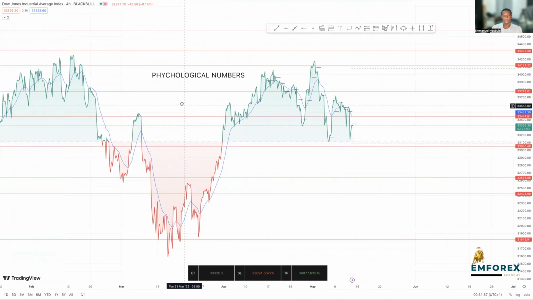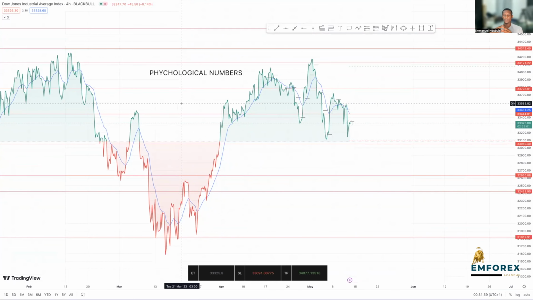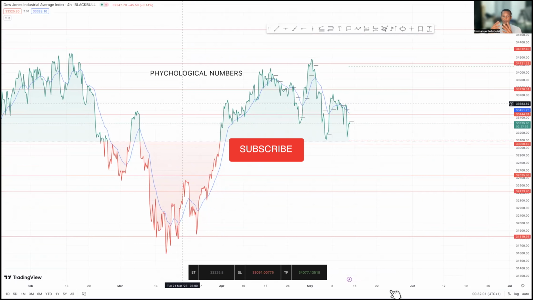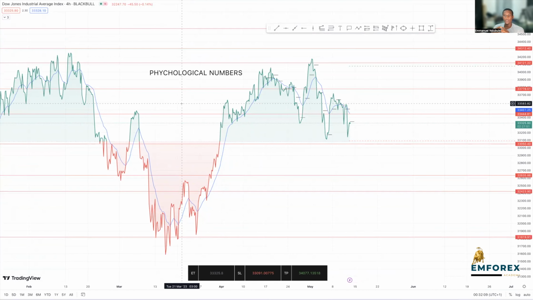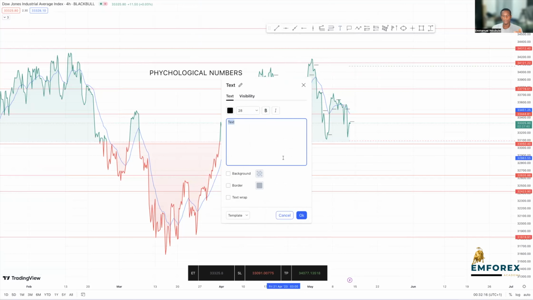These are numbers where people will tend to agree. These are areas where people like to call a fair price. Let me give you a very quick example.